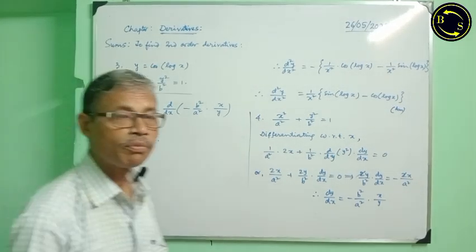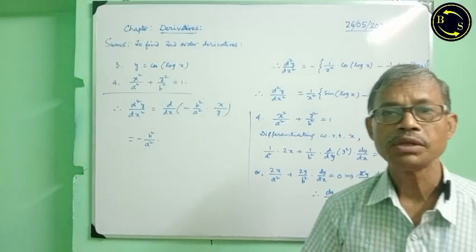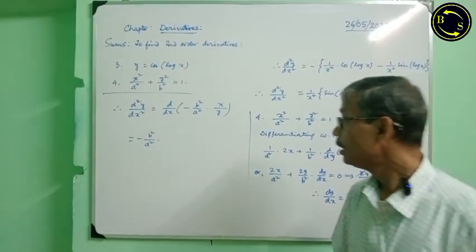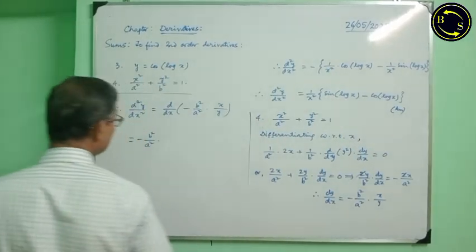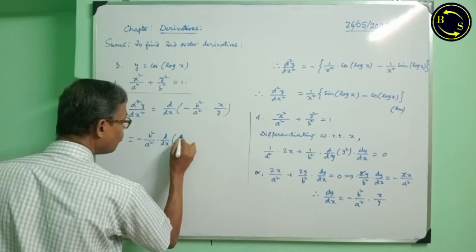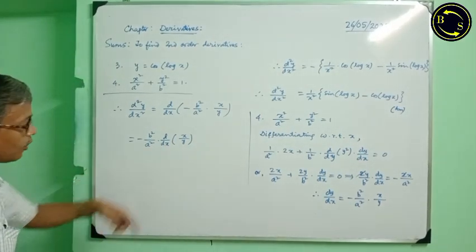Since the derivative of c times f(x) is equal to c times the derivative of f(x), that is the rule or property. Now, d/dx of x by y. This is u by v form.